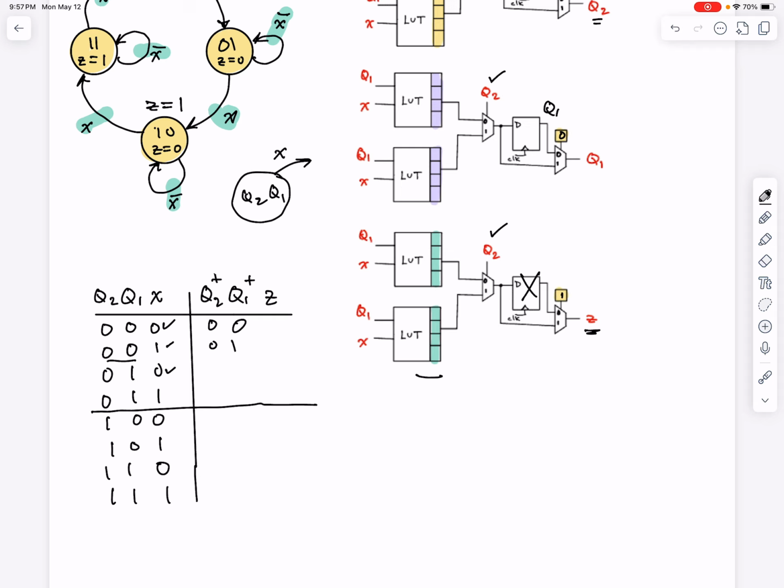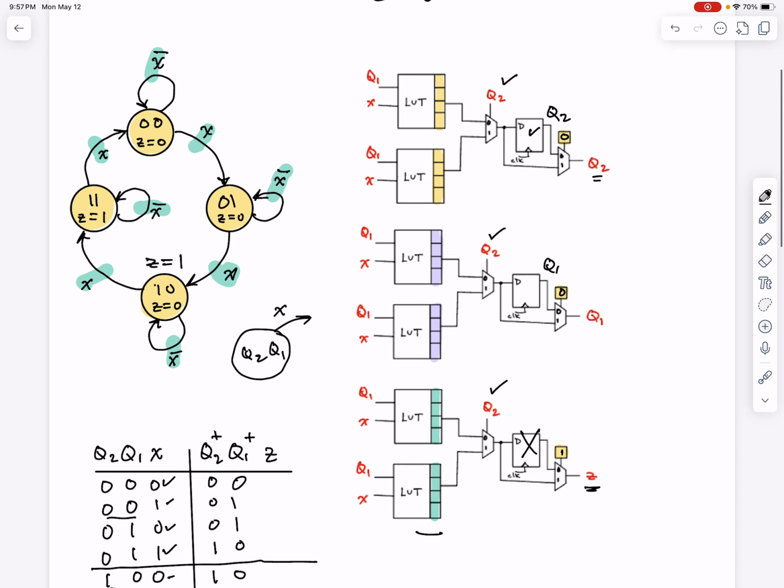On x equals 0, in state 0, 1, we stay at 0, 1. On 0, 1, when x is equal to 1, we count up. On 1, 0, on a 0, we stay at 1, 0. On 1, 0, on a 1, we count up. From 1, 1, on a 0, we stay in 1, 1. From 1, 1, on a 1, we loop back around to 0, 0. So those are the next states for the flip-flops.